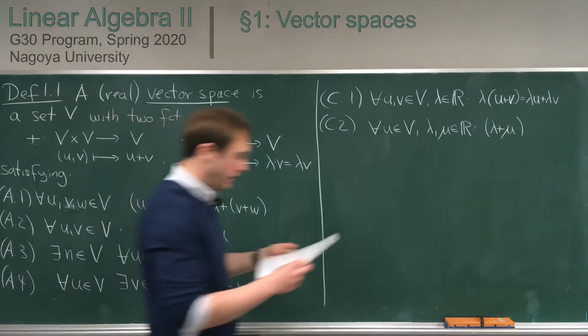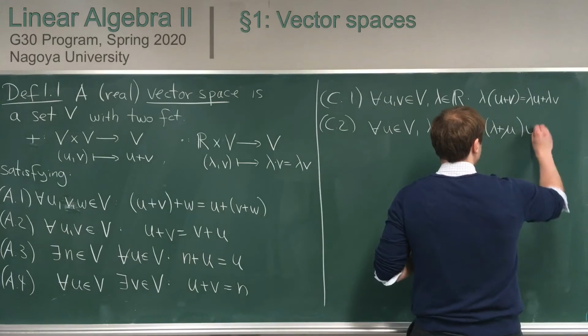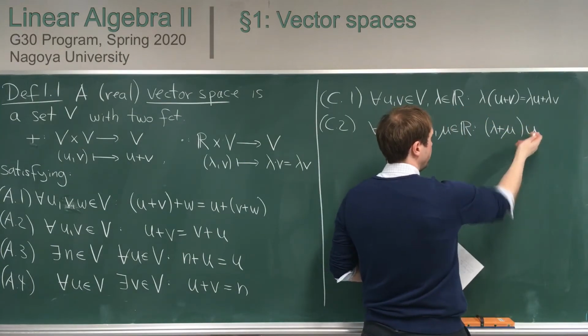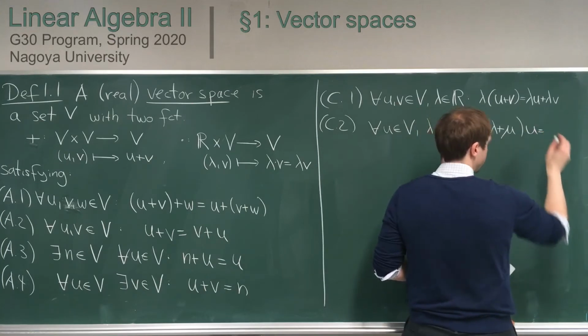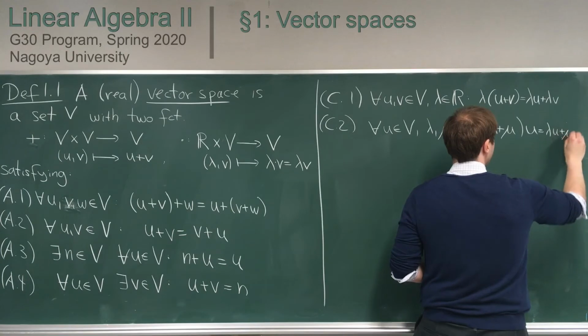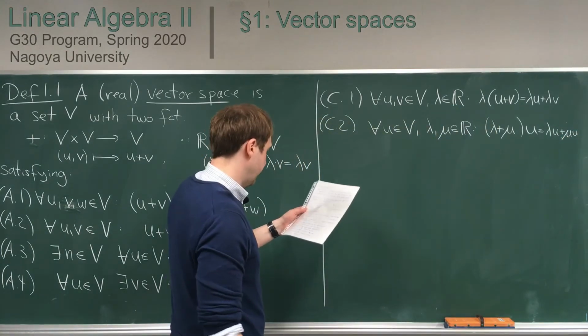And these are two different things, so you need to be a little bit more careful here. So if I add these real numbers, I get a real number, and then I can take the scalar multiplication with u, and this should be the same as lambda u plus mu u.